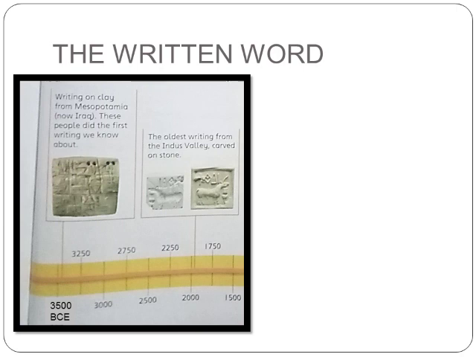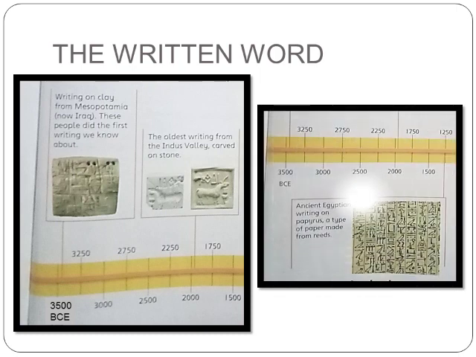So, from the clay, we now move on to 2000 BCE, the oldest writing from the Indus Valley carved on stone. And then, under the timeline, it reaches up to somewhere near 1250 BCE, where the ancient Egyptian writing on papyrus, a type of paper made from reeds.